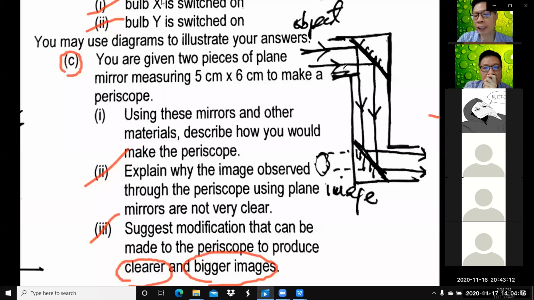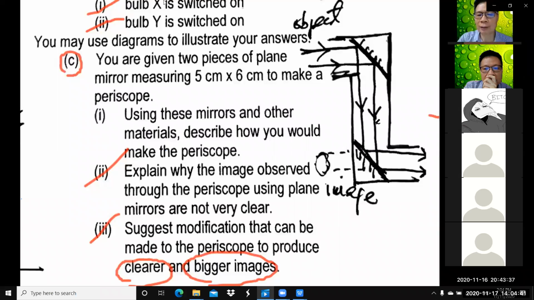Just take out the mirror and replace it with what? Kelvin, how to make it clearer? Kelvin Lim? Glass prism. Yes, correct.